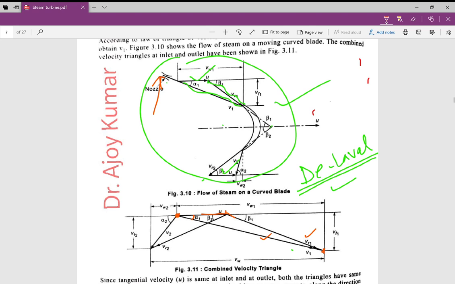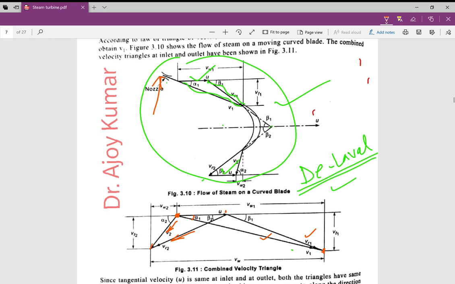Right? Now, in the same way, for the outlet velocity triangle, from head of U, draw another line at the inclination of beta 2, right? It comes like this. That is for VR2. And for absolute velocity at the outlet, draw from tail, inclined at alpha 2.